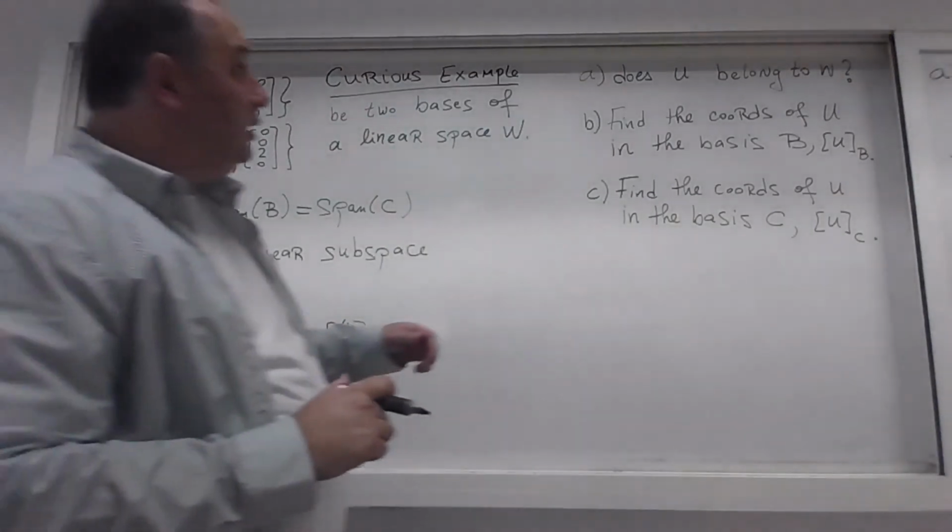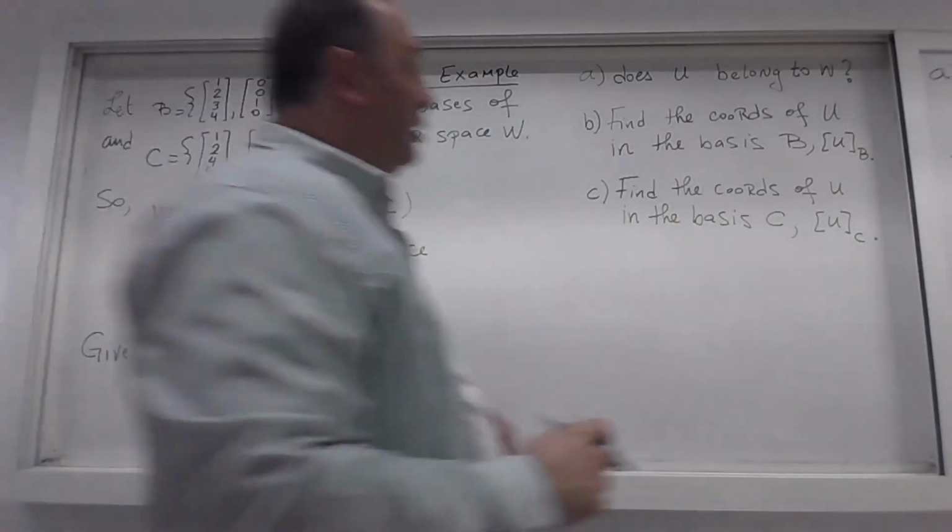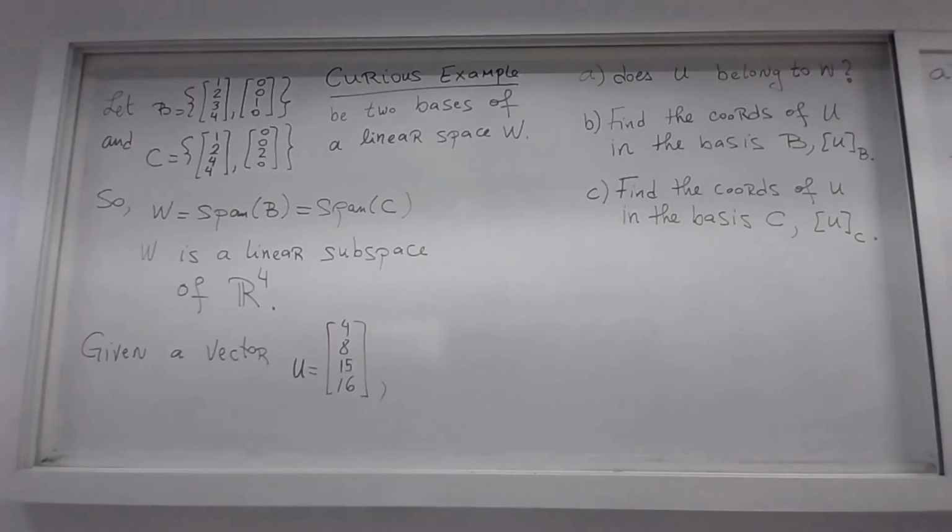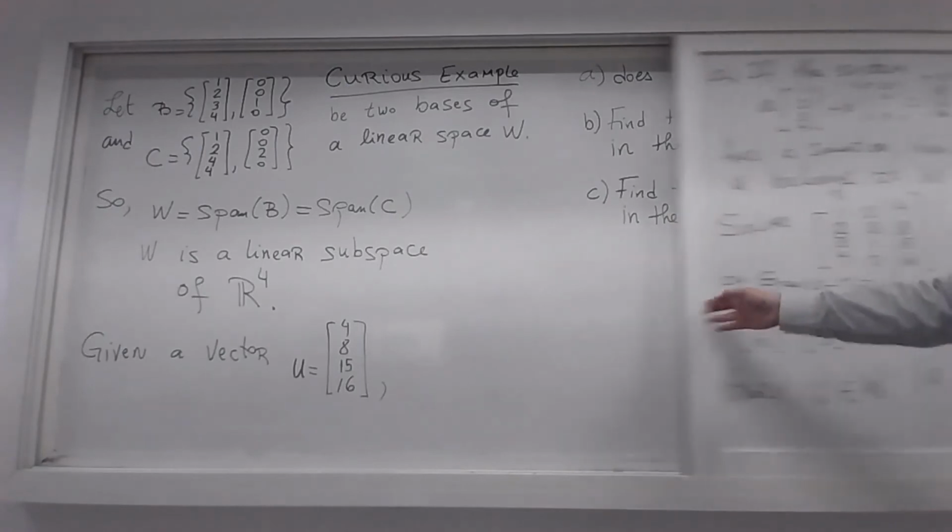Well, all we need to do is solve the system here. So the first question is, does U belong to W? The second question is, what are the coordinates of u in basis B and what are the coordinates of u in basis C? Well, obviously that depends, and we need to solve some of these equations.